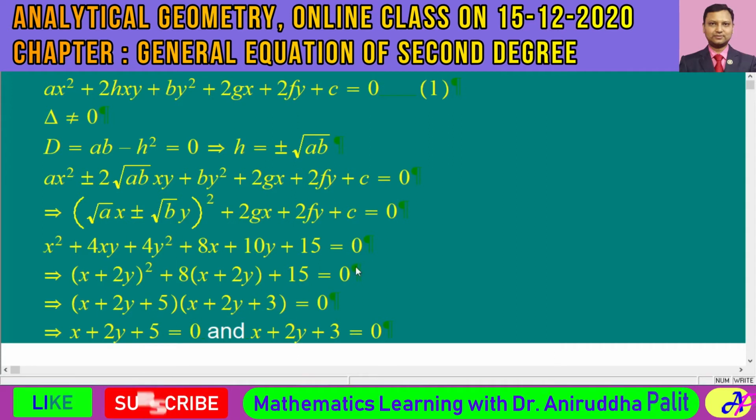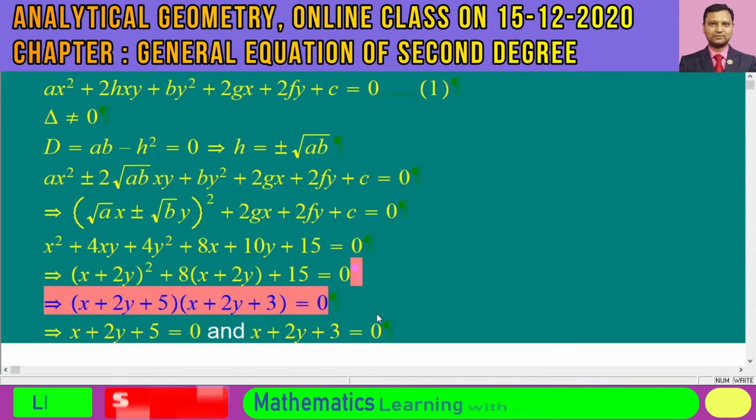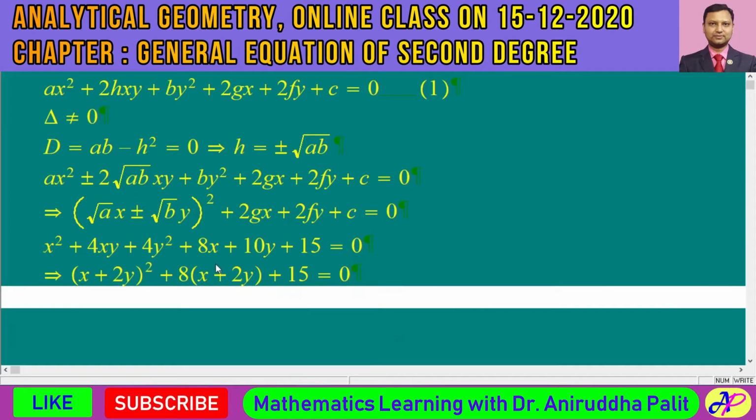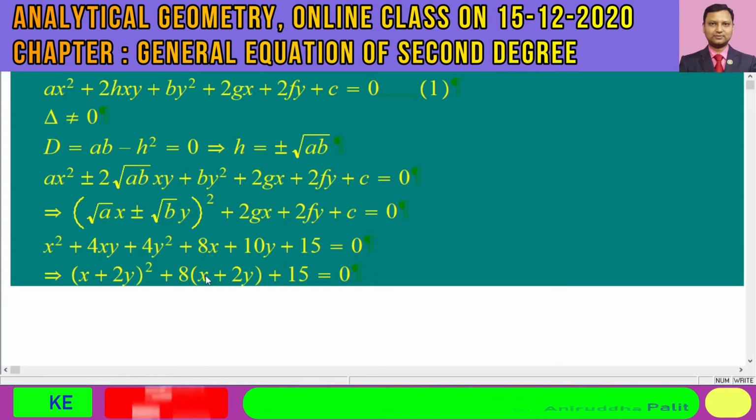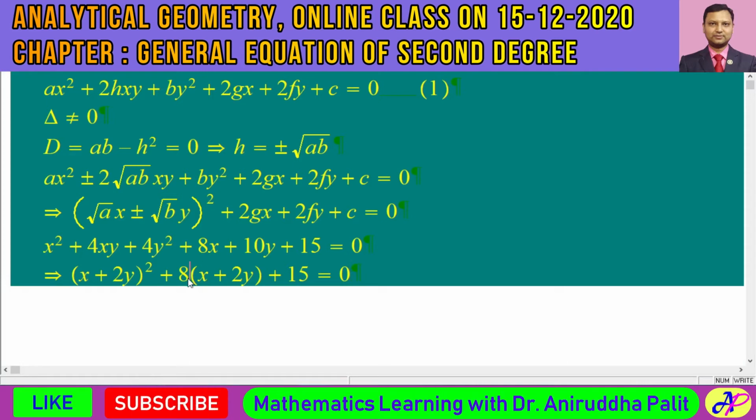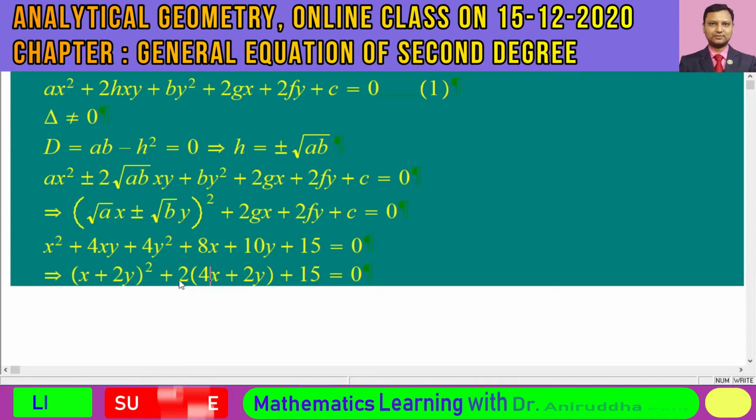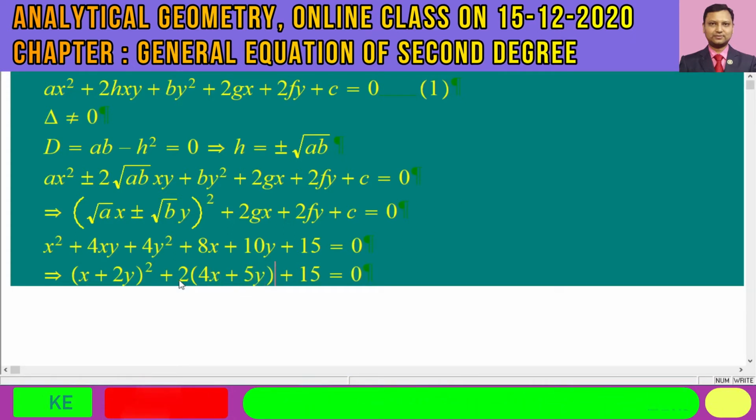So this kind of manipulation will ultimately come, and over here we can't take this minus, we can take this 8 common. If you want to take anything common, then we can hardly take 2 common. In that case 4x plus 5y would be there.